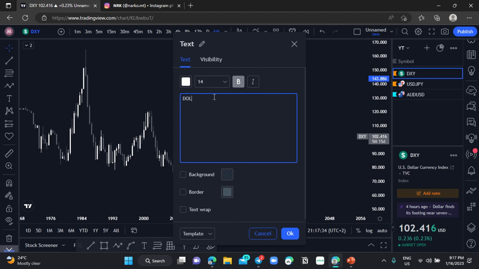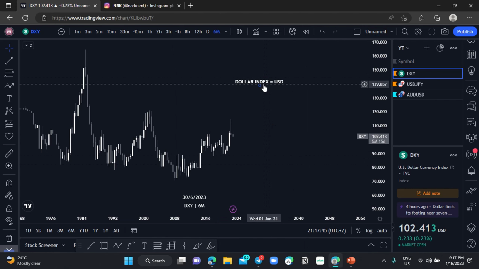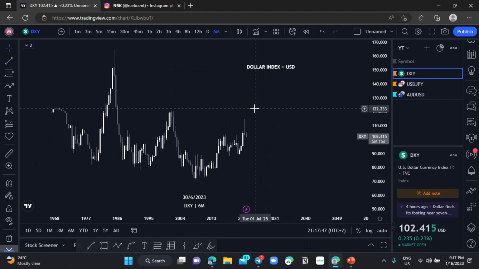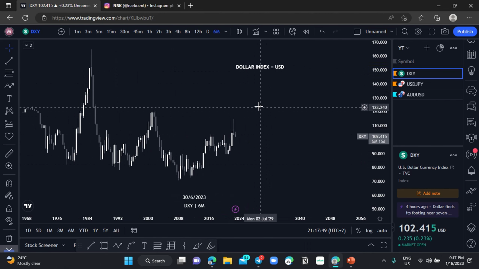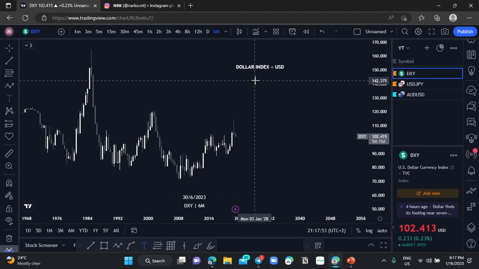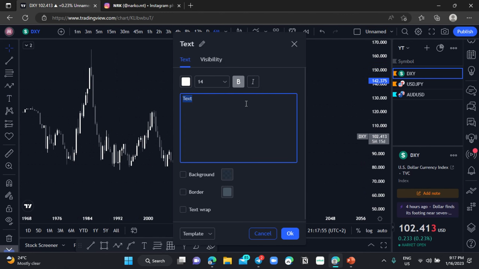The dollar index is basically the USD currency as a whole.